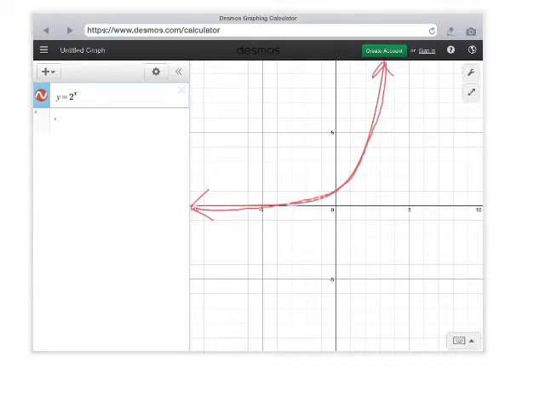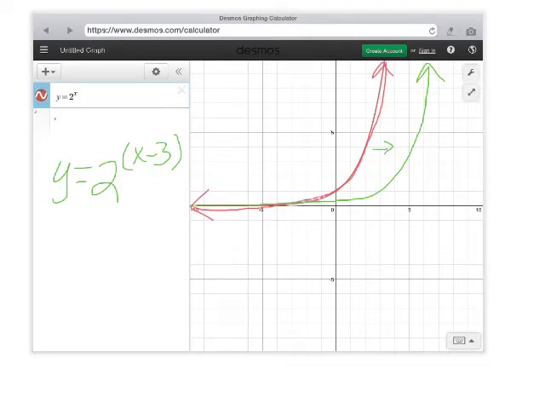And then for the other equation, I'm going to choose to use green. The other function was y equals 2 to the power of x minus 3. Go ahead and set that up, and you guessed it, it goes the opposite way because the horizontal translation is being done to the independent variable, which is the x, and this would be going this way 3 units.